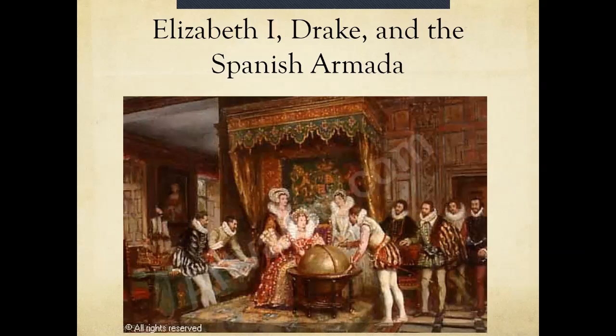So Francis Drake is going to be one of those sailors that will be part of, they called themselves the Sea Dogs, these sailors who were going out in the name of England and Queen Elizabeth to go and develop success and power of their own.